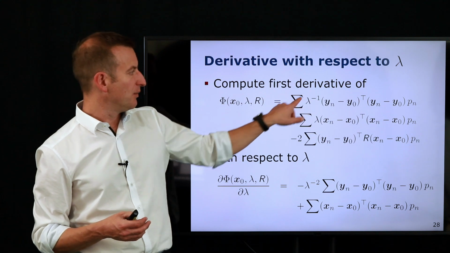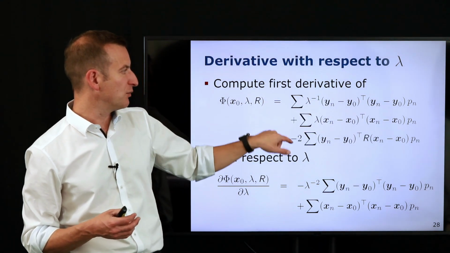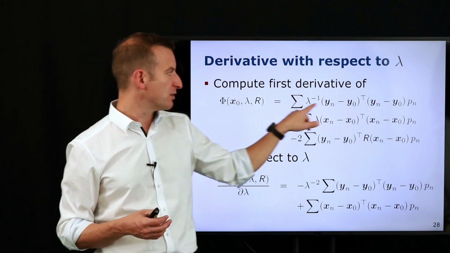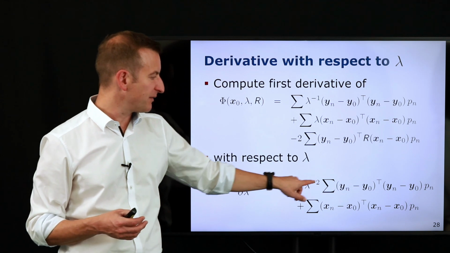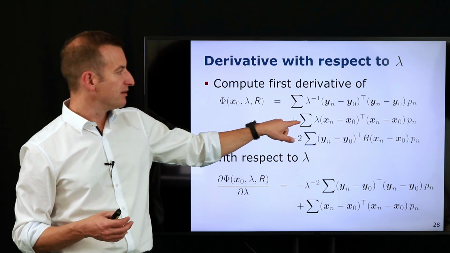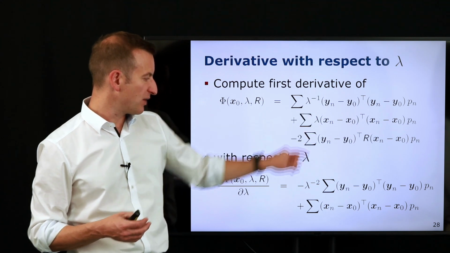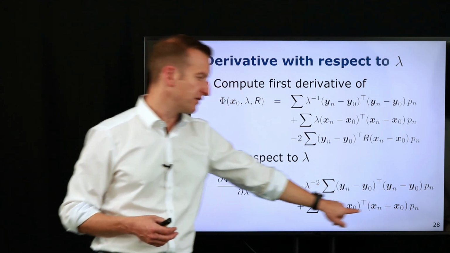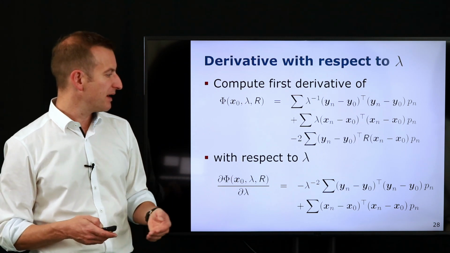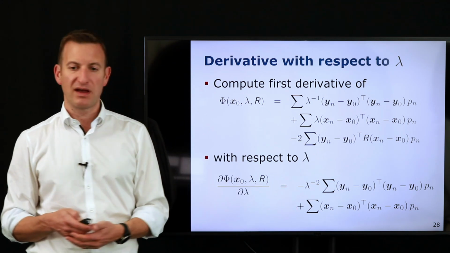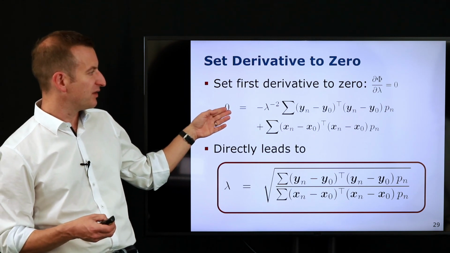Here lambda is a constant scale factor in that sum, so I can move it out of the sum. One expression has lambda to the power of -1, which turns into minus lambda to the power of -2. And this is here a linear term where lambda will disappear and the rest will stay the same. That is this expression over here, rather straightforward. Then I need to set this value to 0.